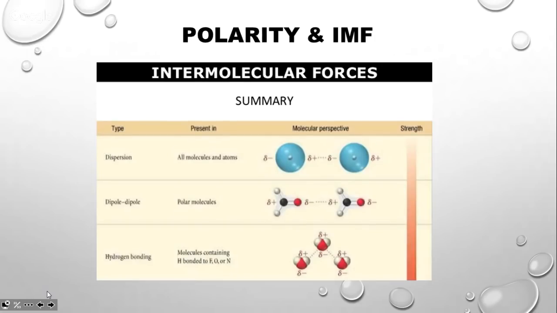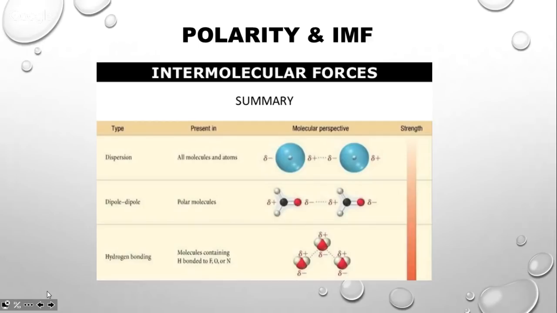The intermolecular forces and the polarity base: all molecules have dispersion forces, whether they are polar or nonpolar, but it's a weak force based on temporary movement of electrons.